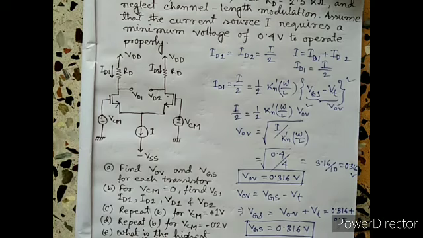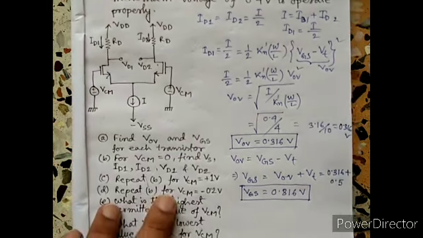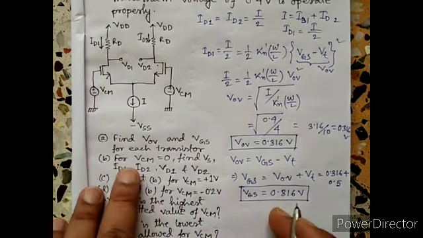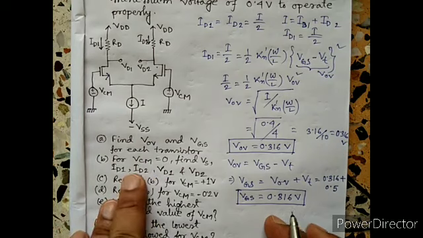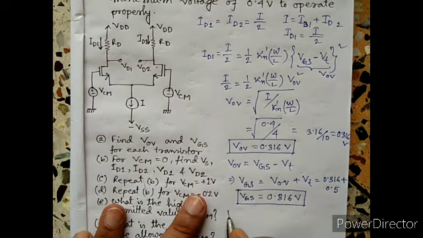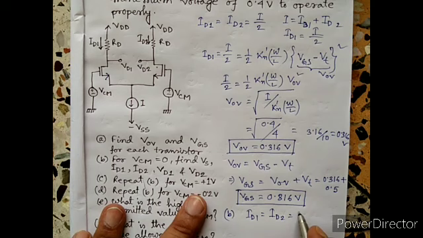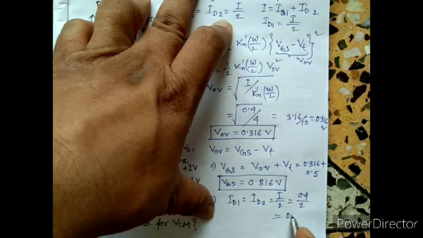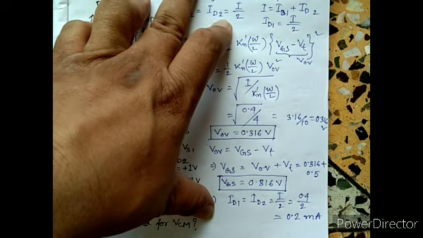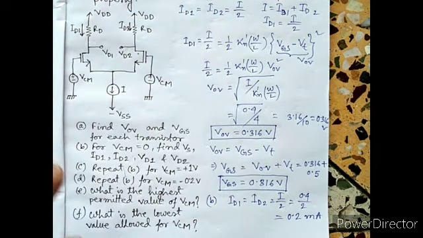So ID1 equals ID2 equals I by 2, that is 0.2 milliampere.